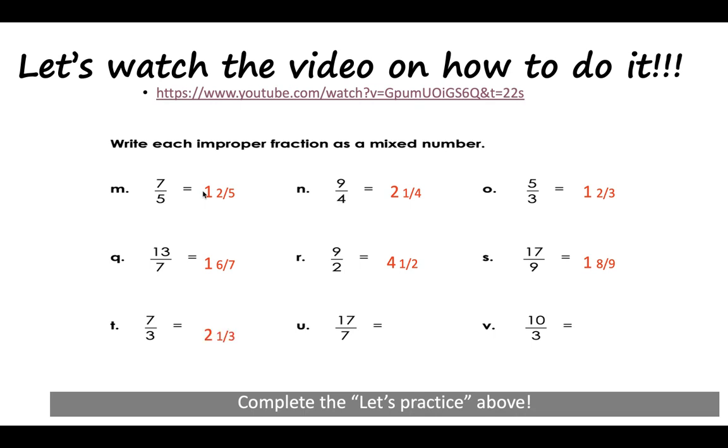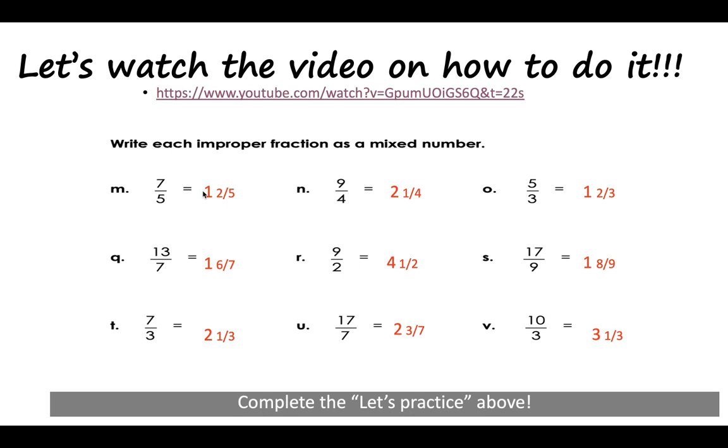How many times does 7 go into 17? 7 goes into 17 two times with 3 left over, and you get 2 3/7. How many times does 3 go into 10? 3 goes into 10 three times with 1 left over. 1 goes over that old denominator, and I have 3 and 1/3.